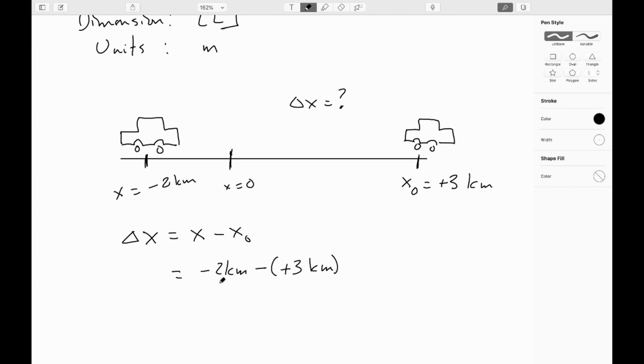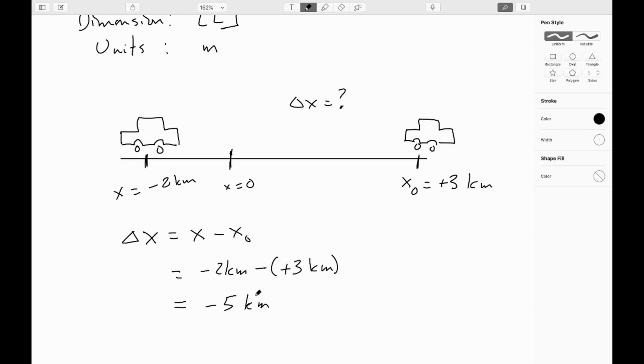So here we've got kilometers, there we've got kilometers. The units are compatible, so we can go ahead and finish this up. And if they weren't, we would have to do some unit conversions first. And we can say -2 minus 3 is -5 kilometers.